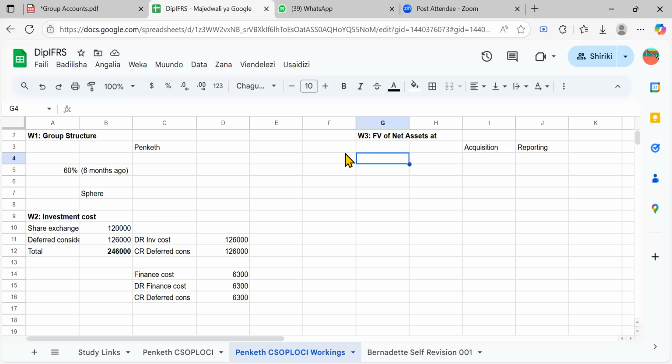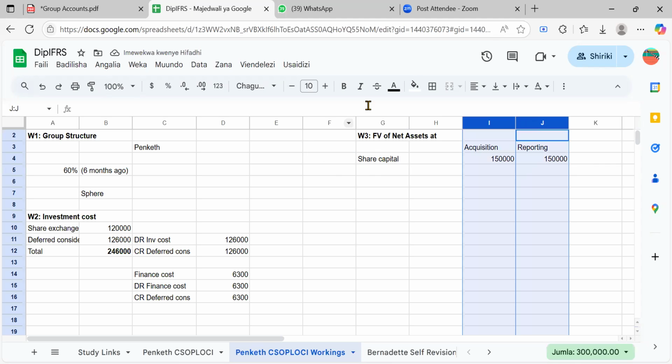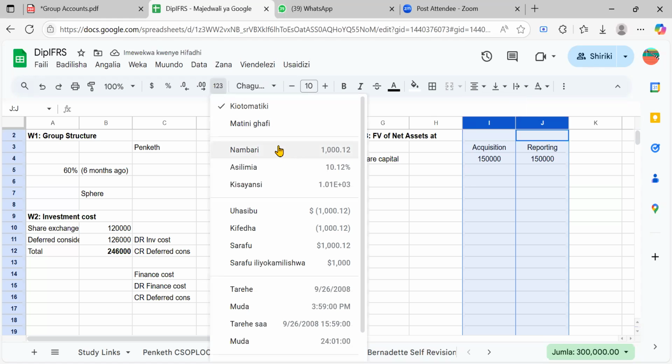So my share capital is 150 million. And they would have the same figure at reporting, unless we have been provided with information contrary to that, right?